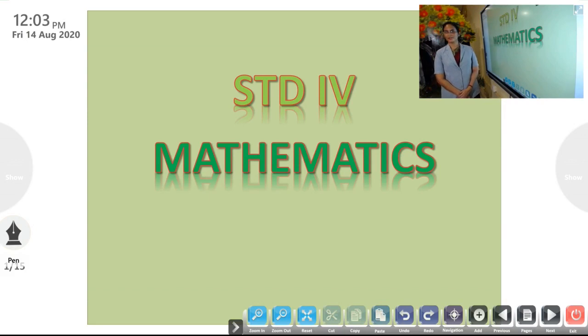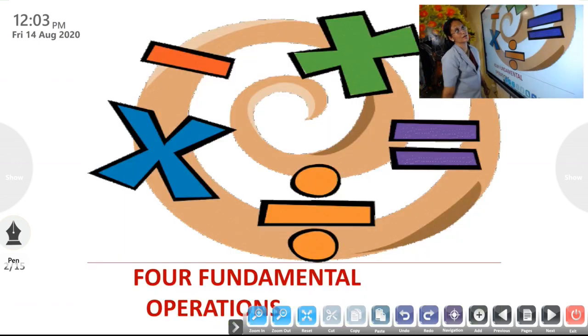As you have already completed the topic multiplication, today we will learn a new topic. Now before going to the new topic, children, do you know which are the four fundamental operations in mathematics? The four fundamental operations in mathematics are addition, subtraction, multiplication and division.